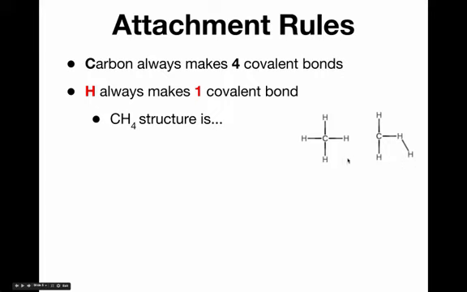If you work this out on pencil and paper, and it may not have been obvious to you the first time doing this, but I'm going to ask you to do this a number of times, this is the only possible way of making the attachments. And these rules, carbon makes 4 covalent bonds and hydrogen makes 1 covalent bond, actually come about from something that we discussed much earlier in the course when I was describing valence shells and electron shells and how the atoms prefer to have their outermost shell filled all the time.